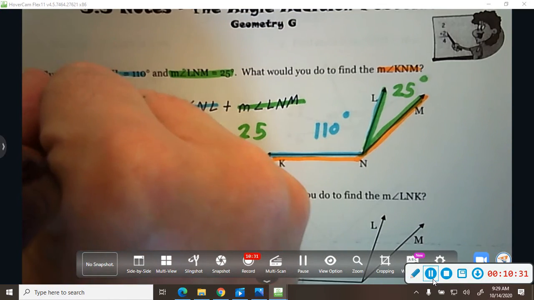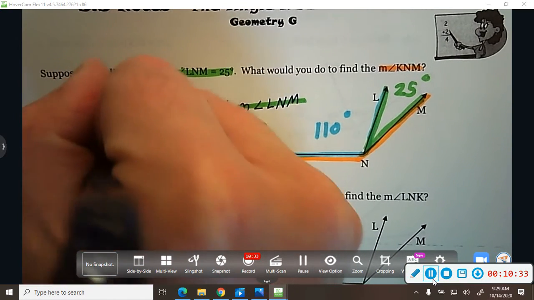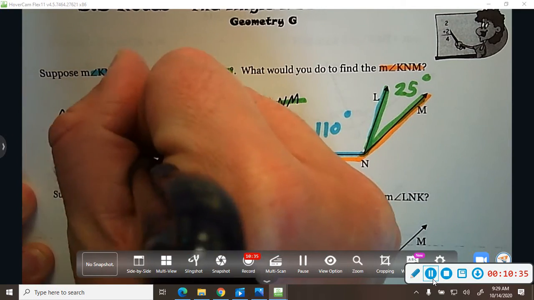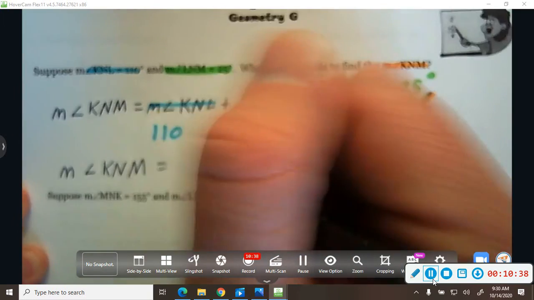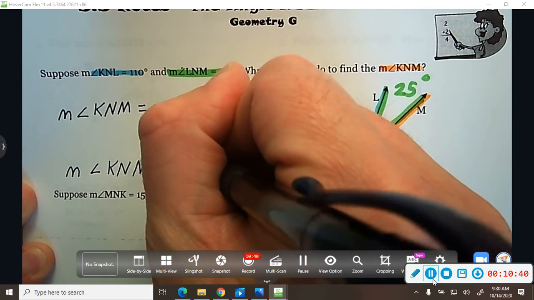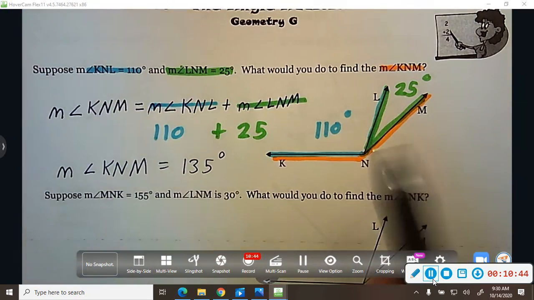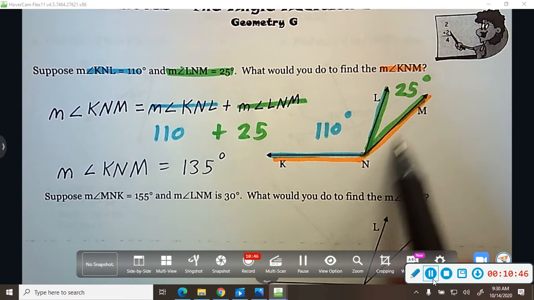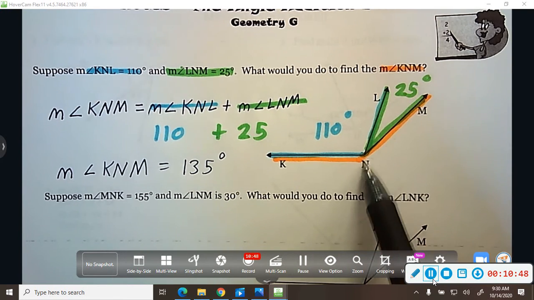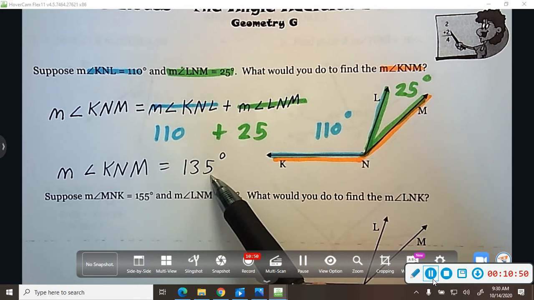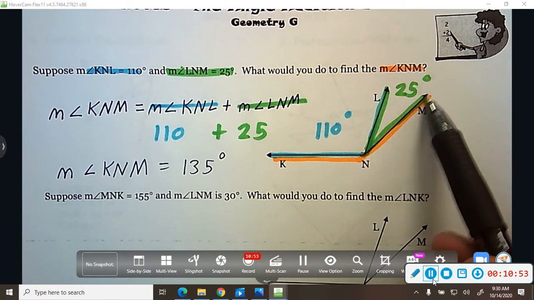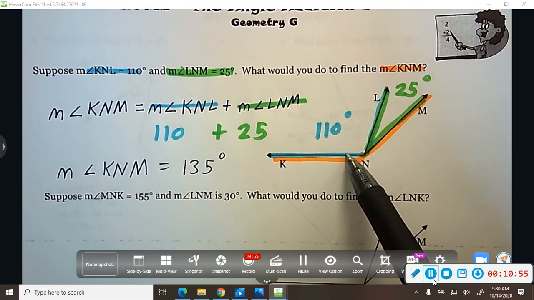So I would say measure of angle KNM equals 135 degrees. Now I always like to look at it and see if it makes sense. This angle is what we call obtuse, so it should be bigger than 90. I got an answer that was bigger than 90, and this looks like 135 degrees to me, approximately.